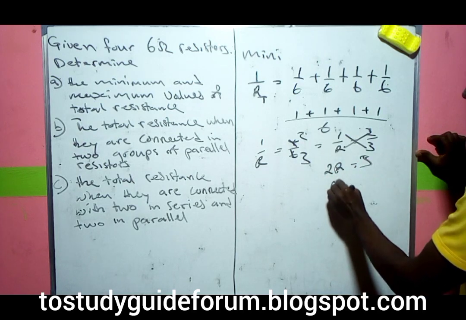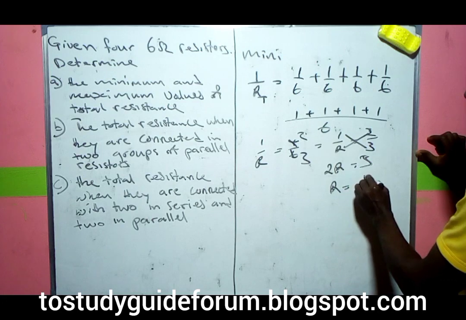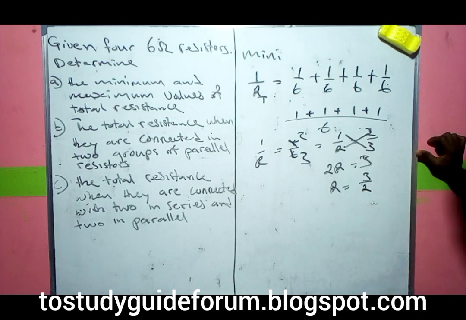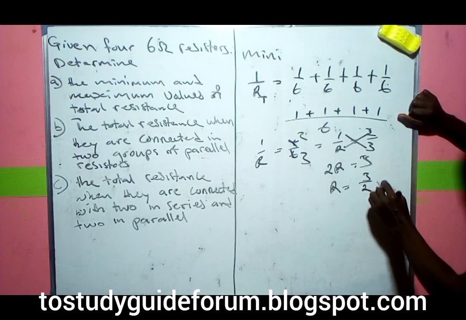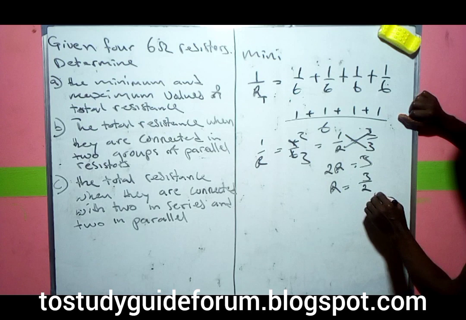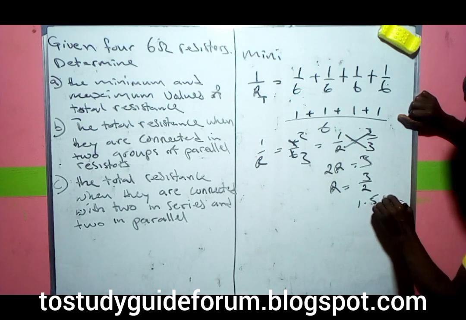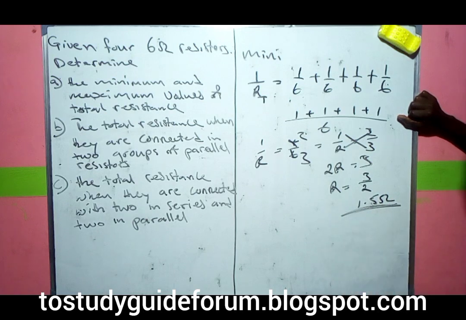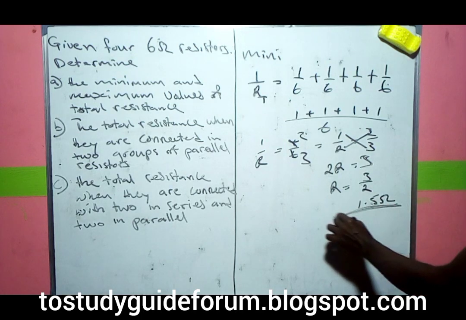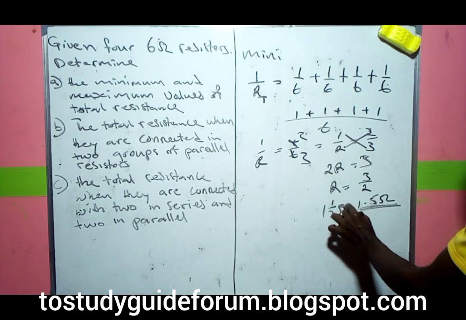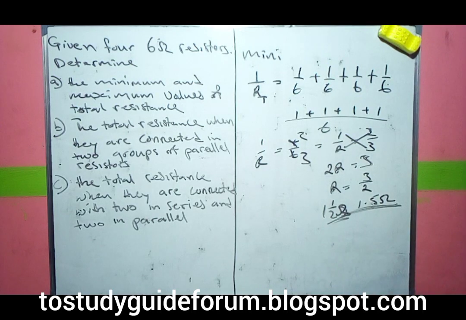Therefore R will be equal to 3 over 2, which is approximately 1.5 ohms, or one and a half ohms in fraction.